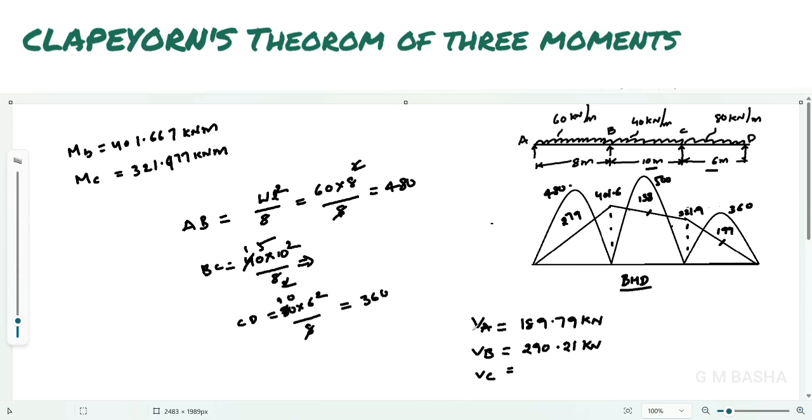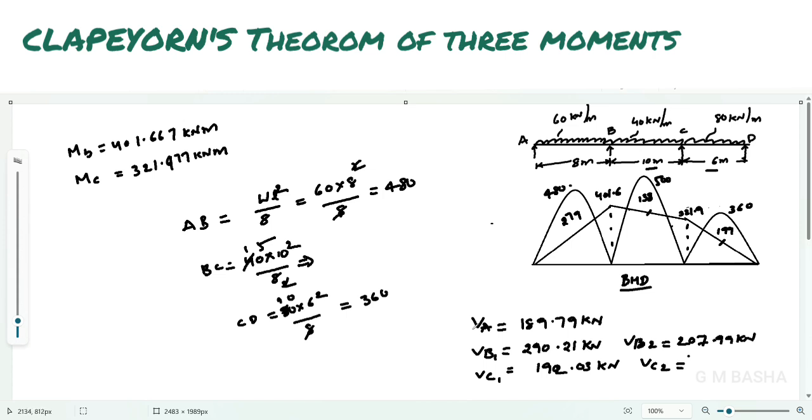So what about VC? I will give the VC value also. This is VB1 and VB2 will be equal to 207.99 kilonewton. Okay, VC1 will be equal to 192.03 kilonewton.